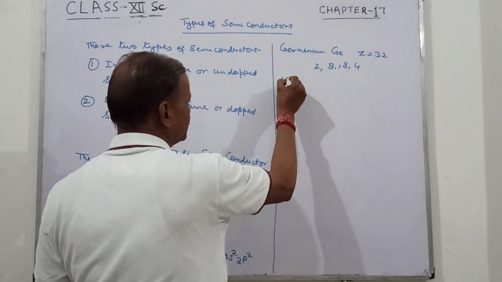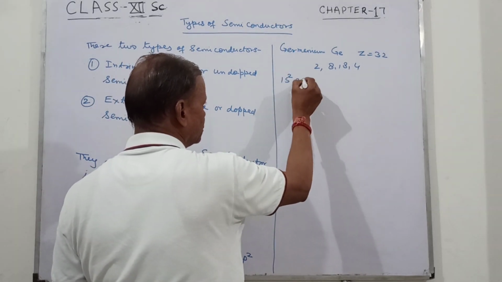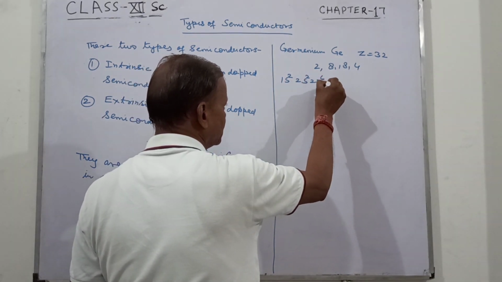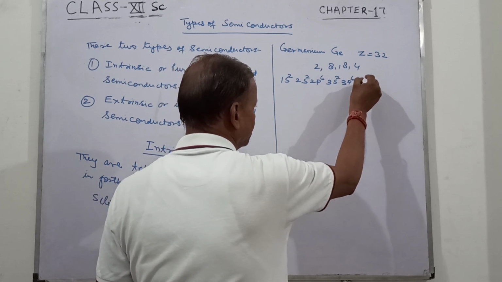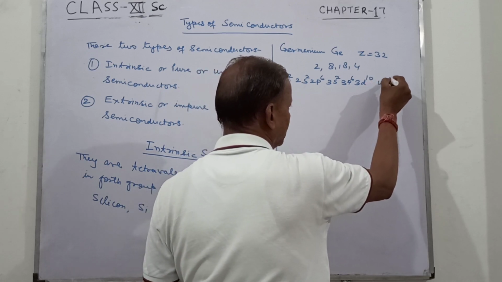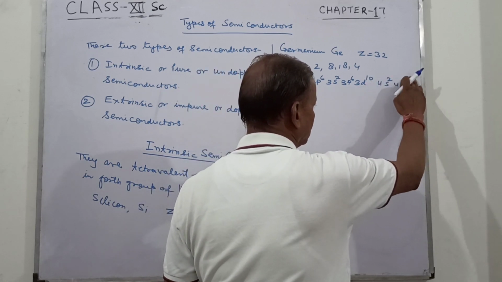So we have 1s2, 2s2, 2p6, then 3s2, 3p6 and 3d10, and then 4s2, 4p2.